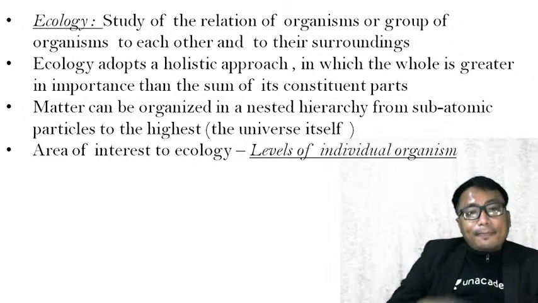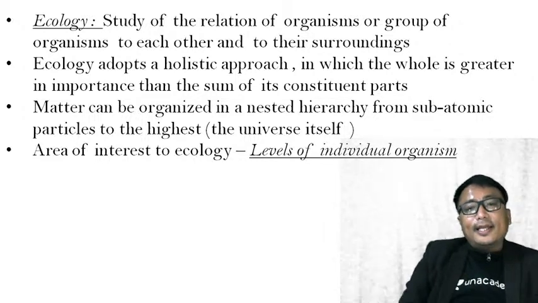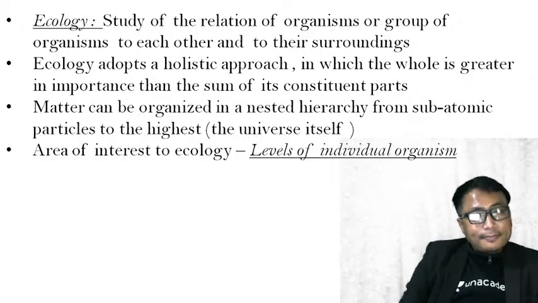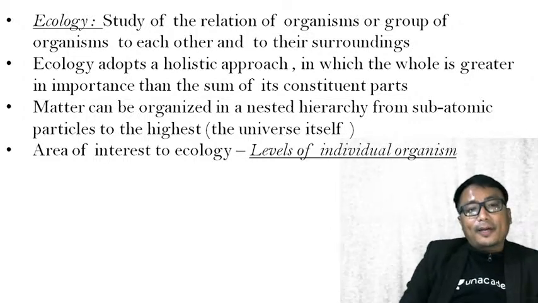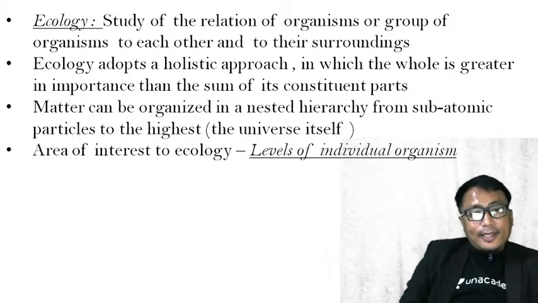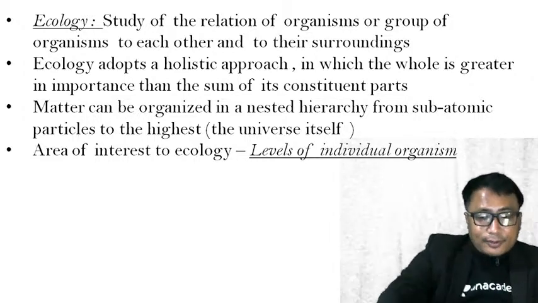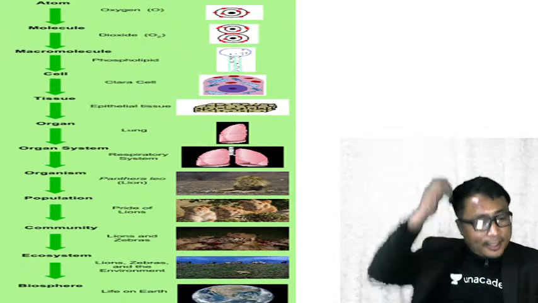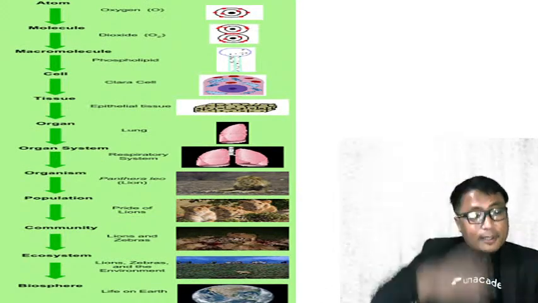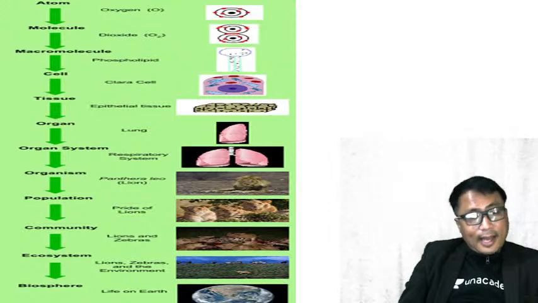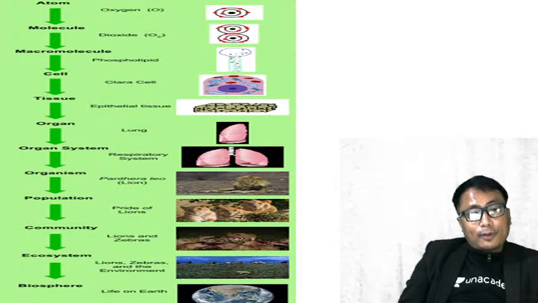Clear? Matter can be organized in a nested hierarchy from a subatomic particle to the highest level, that is the universe itself. It is like this, you see here. Kindly flow from the top to the bottom, where you have the biosphere written here.